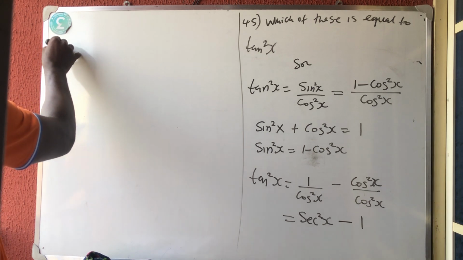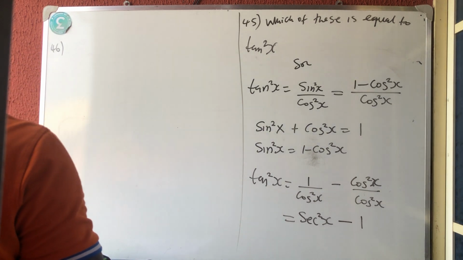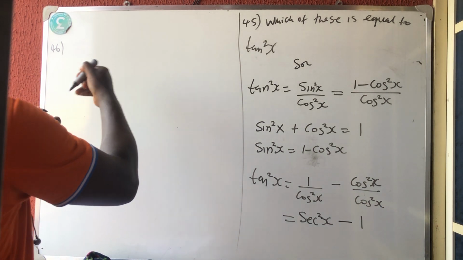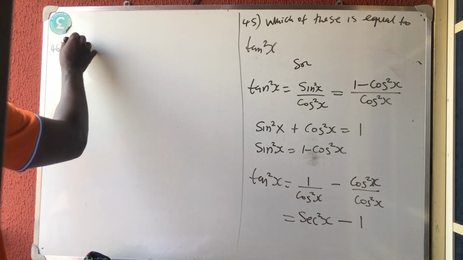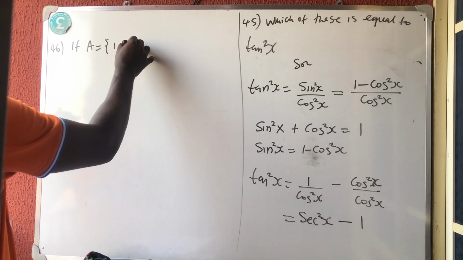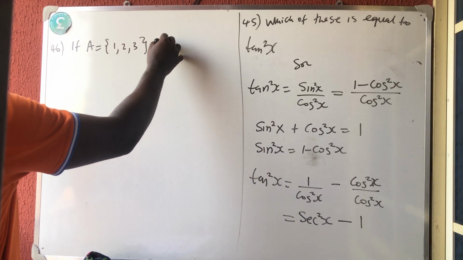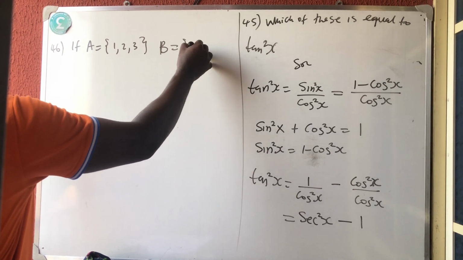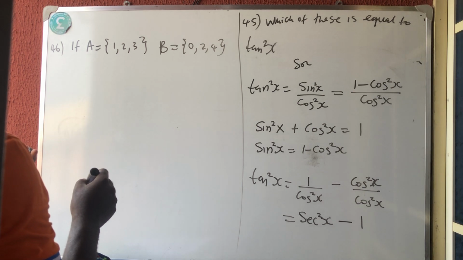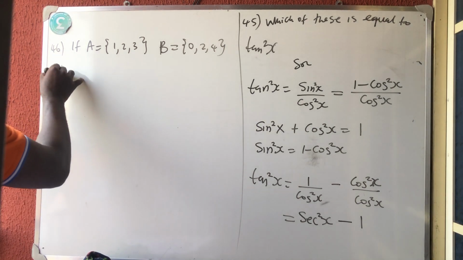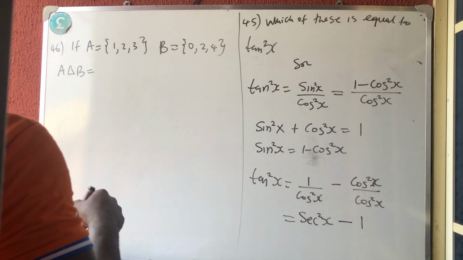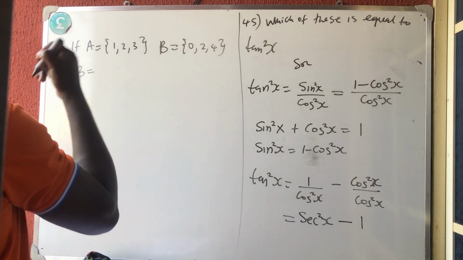Number 46, remaining 2. Number 46 said, if A is equal to 1, 2, and 3, and B is equal to 0, 2, and 4, then list all the elements of A symmetric B. Now A symmetric B is simply the difference between their union and intersection.